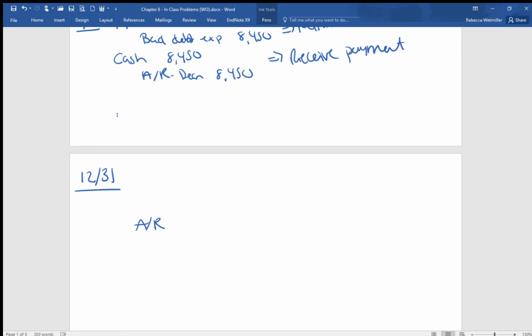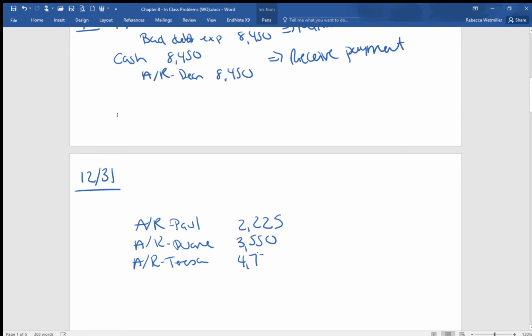So we've got account receivable from Paul Chapman for $2,225, from Dwayne for $3,550, from Teresa for $4,770, from Ernie for $1,275, and then from Marty for $1,690. So I'm getting rid of my account receivable since they're normally a debit balance.